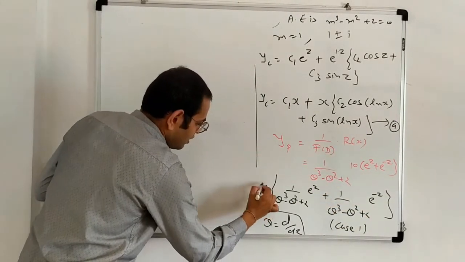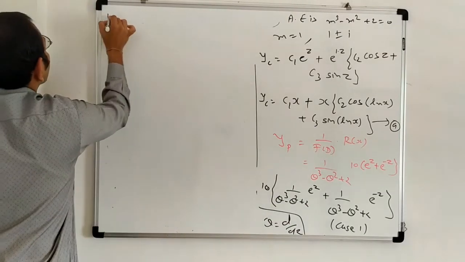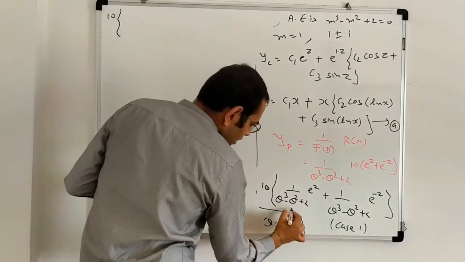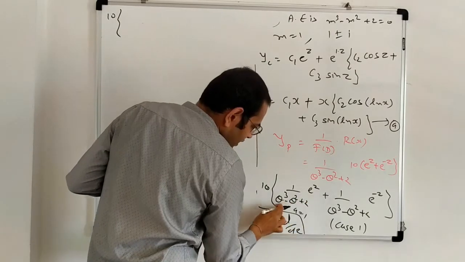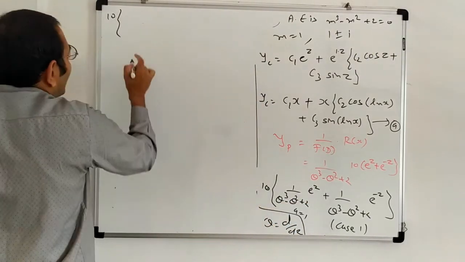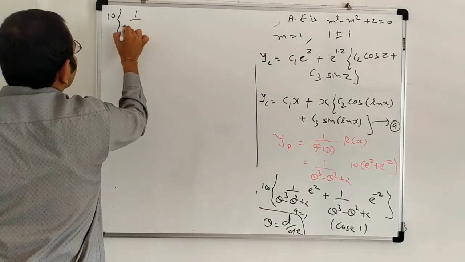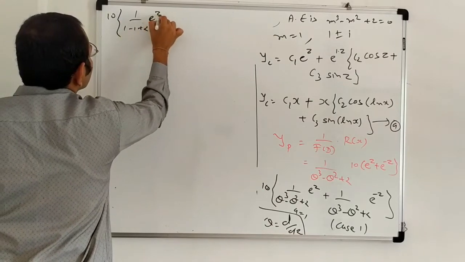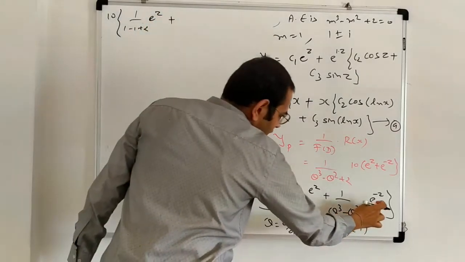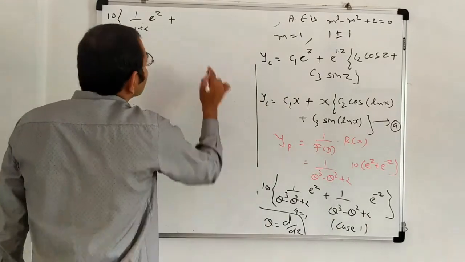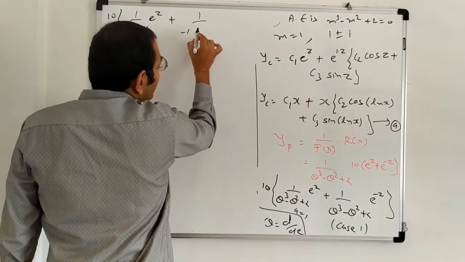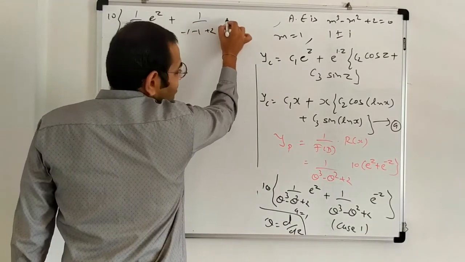Here 10. Now here a equal to 1, then the denominator does not become 0. Then 1 minus 1 plus 2, e raised to z. Here that is minus 1. Then minus 1 plus 2, that becomes 0.